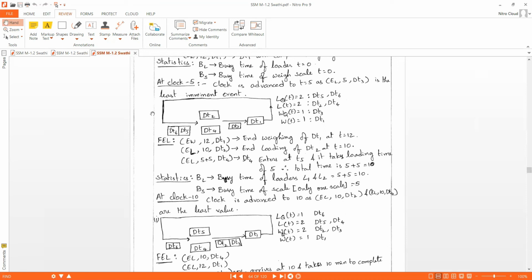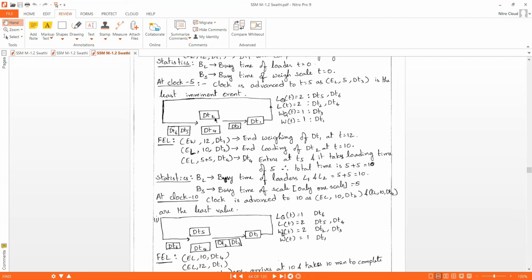The weighing scale is busy weighing DT1, so DT3 will be waiting for the weighing. So DT3 will be in WQ of t, the weighing queue.